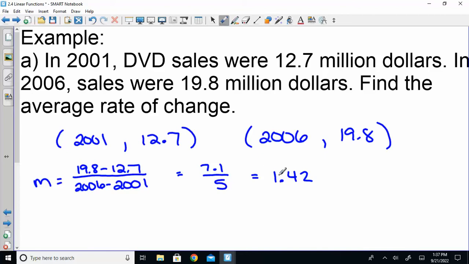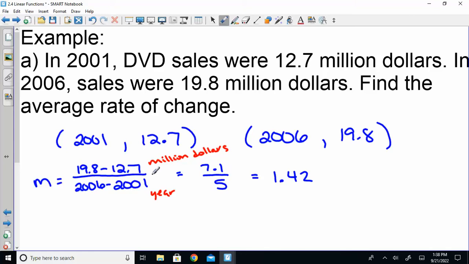So if I ask for an average rate of change like this, I would expect units because it's word problems. So what does that 1.42 mean? So go back to this fraction. The 19.8, the 12.7. What were those numbers? $1 million. What are 2006 and 2001?